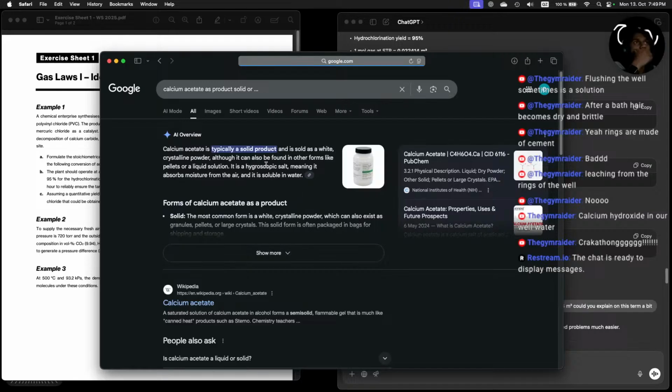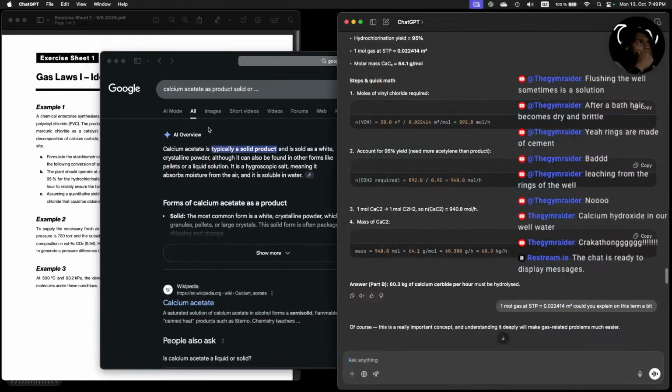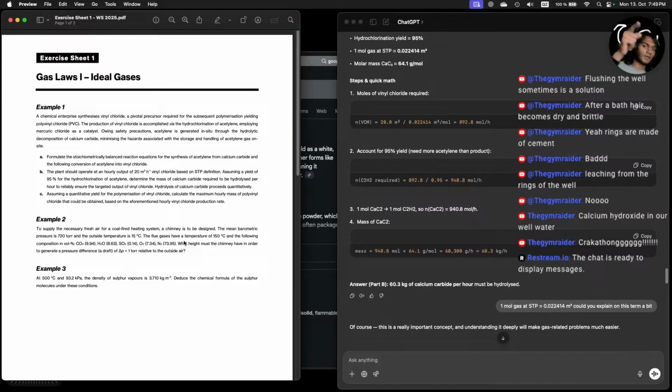Typically solid. Calcium acetate, okay. Yeah, that is pretty horrible. I think the calcium hydroxide issue, I heard someplace else, is like the hair getting dry and brittle. Maybe my place is also like that because my hair is not doing good.